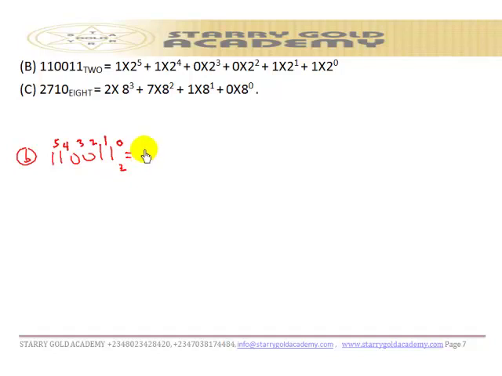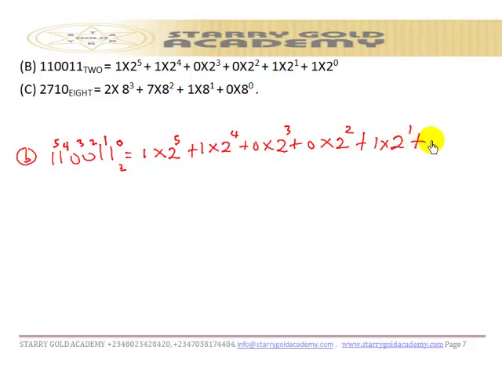So what do you do? 1 times your base power 5, plus 1 times your base power 4, plus 0 times your base power 3, plus 0 times your base power 2, plus 1 times your base power 1, plus 1 times your base power 0. You have successfully expanded this number.